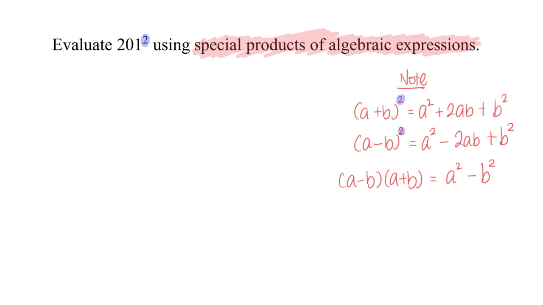So now I need to choose an easy number to use for this particular 201. And I'm going to choose, this is intentional, okay? Deliberately, I'm going to rewrite 201 square as (200 plus 1) bracket square.